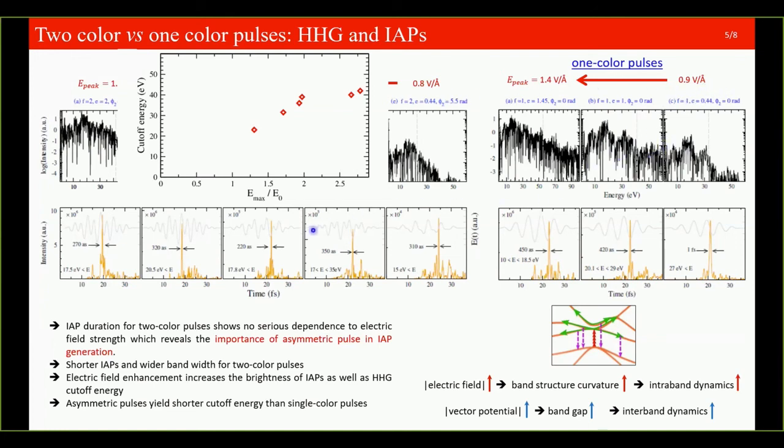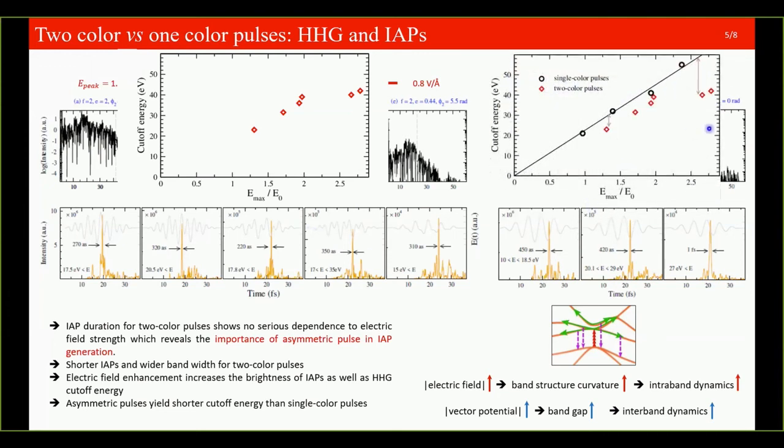As a result of that, the cutoff energy increases, but now we can see a linear enhancement of cutoff energy for one color pulses. Also, the asymmetric two color pulses show a shorter cutoff energy in comparison with the one colors.